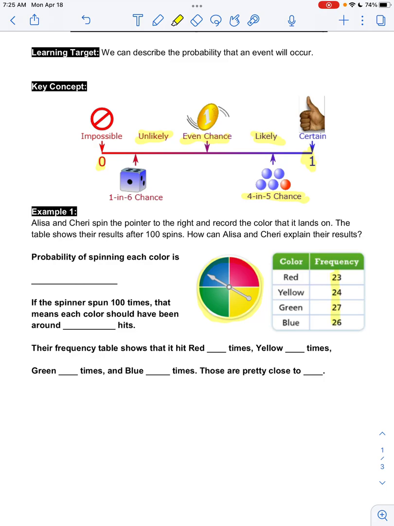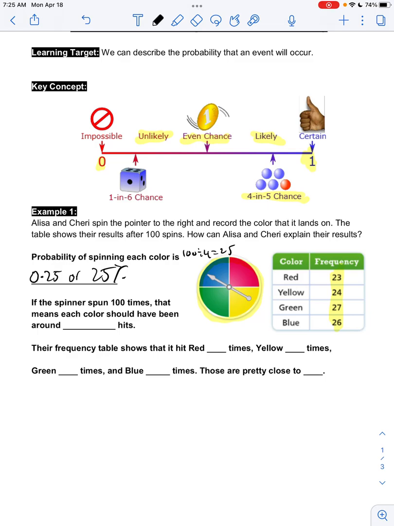And then we have a frequency table that gives us our results. So I would say that because this is an even spinner, the probability of spinning each color is 0.25 or 25%. Because 100 divided by 4 is 25.